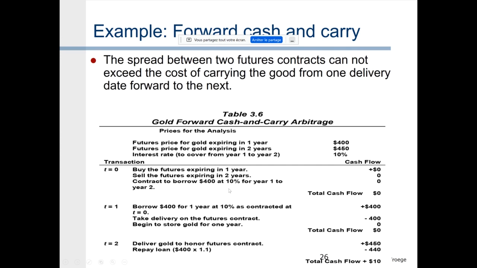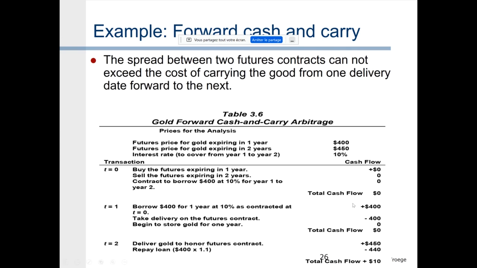I didn't borrow, I did enter a forward rate agreement. So again, I wrote a contract that says I will receive a loan with a 10% interest for 1 year in 1 year. So again, the net cash flow in year 1 is 0, because the money I get for this loan is exactly used for the acquisition of the gold.